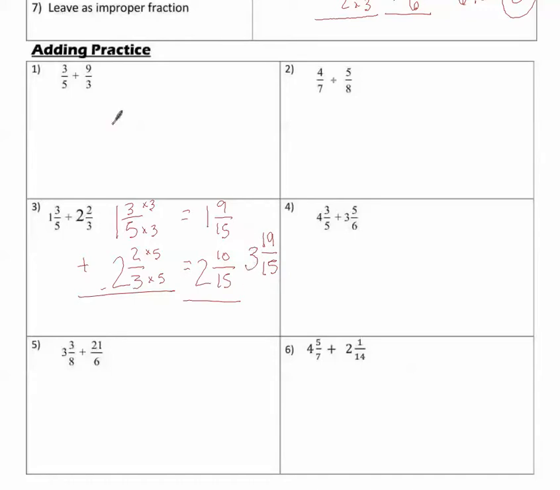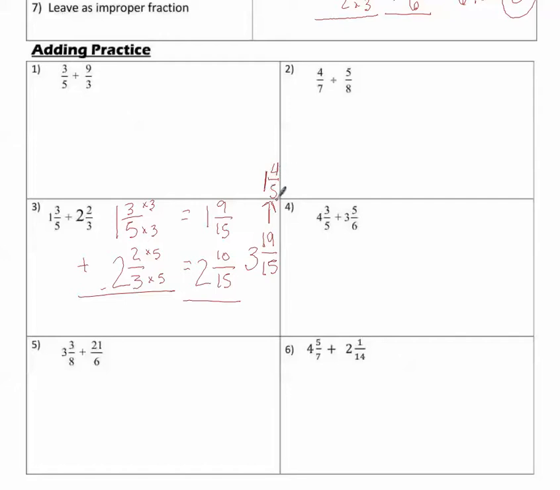This 19/15 is an improper fraction, and you need to take this into account. 15 goes into 19 one time, with 4 remaining.